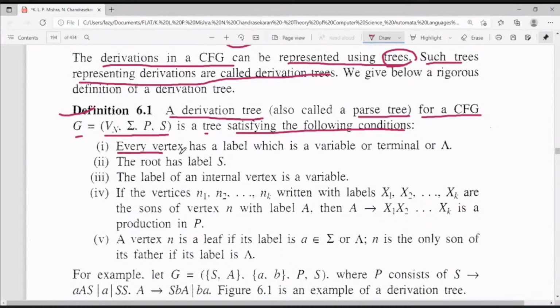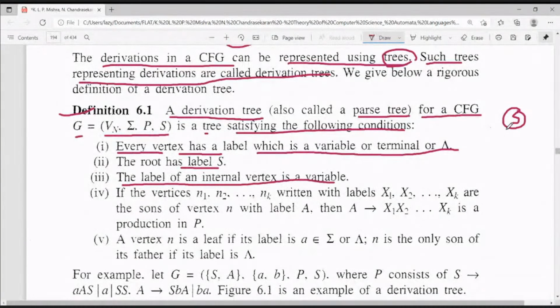Every vertex has a label, which is a variable or a terminal or empty. So every vertex in a tree, either it is a variable or terminal or it is empty. The root has a label S, so we cannot have anything else in the root. It will be always S. The label of an internal vertex is a variable.